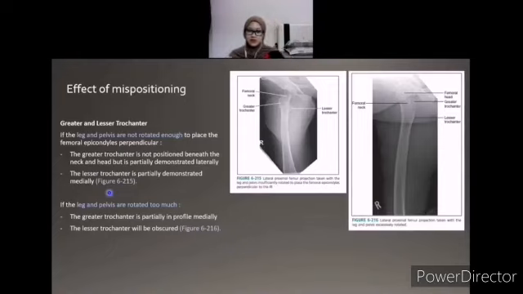If the leg and pelvis are not rotated enough to place the femoral epicondyles perpendicular, the greater trochanter is not positioned beneath the neck and head, but is partially demonstrated laterally. And the lesser trochanter is partially demonstrated medially. And if the leg and pelvis are rotated too much, the greater trochanter is partially demonstrated in profile medially. Can you see? And the lesser trochanter will be obscured by the femoral neck.